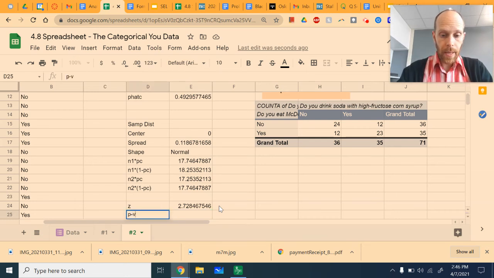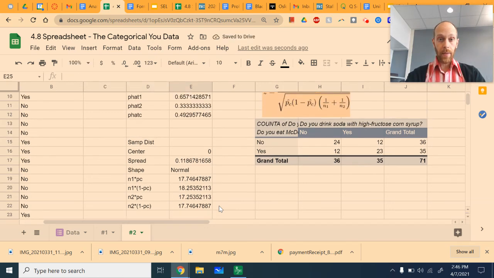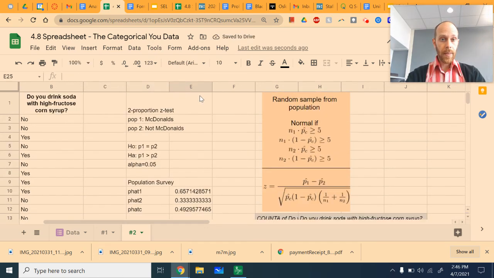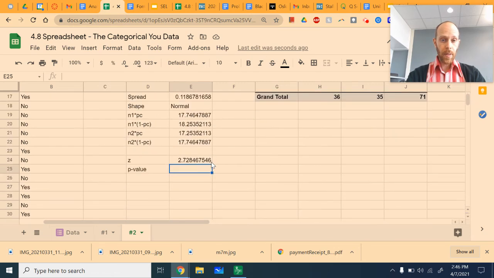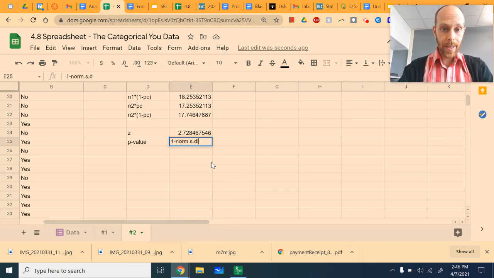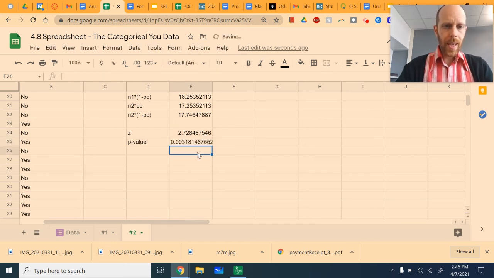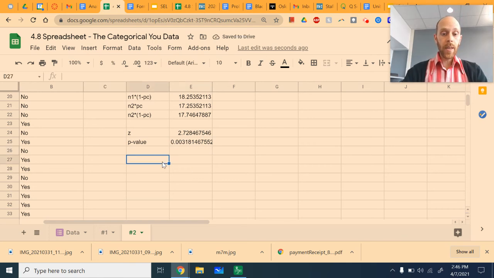Now for our p-value, we are theorizing that the McDonald's people have a greater proportion, right? That's why up here we said greater than. So that means it is a right tail. Remember that for the right tail, we do 1 minus norm.s.dist of this number. Oh, right, you know what I need? I need an equal sign of this, which gives me a p-value of 0.003.